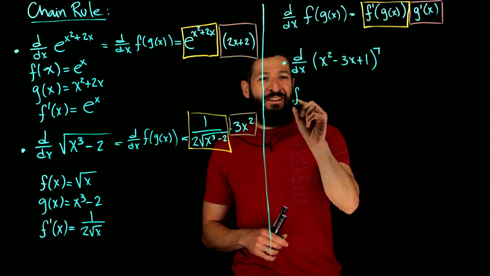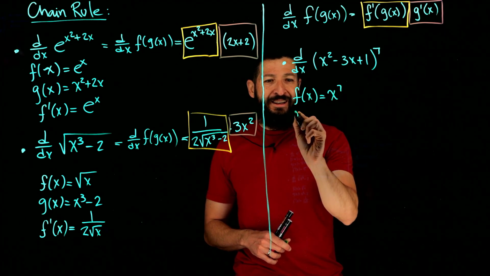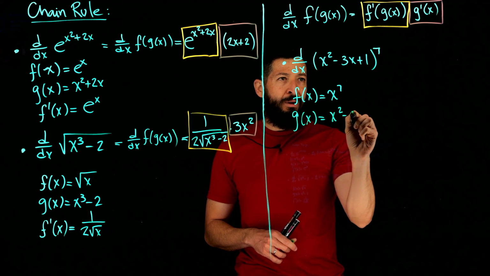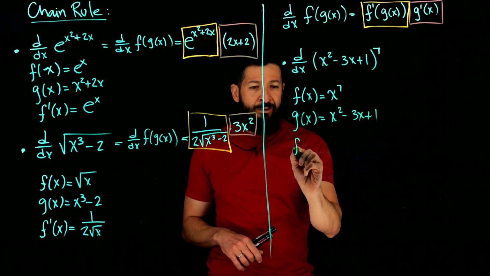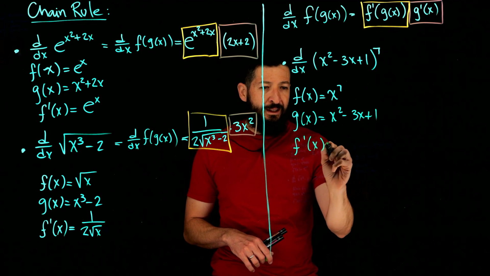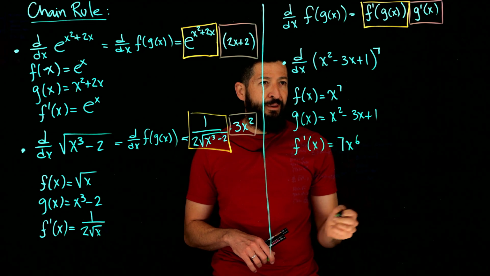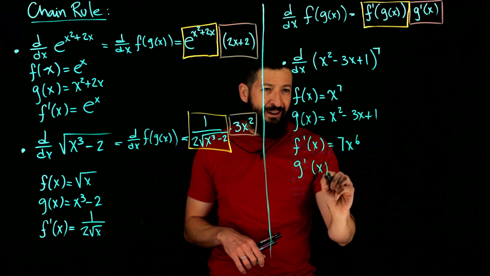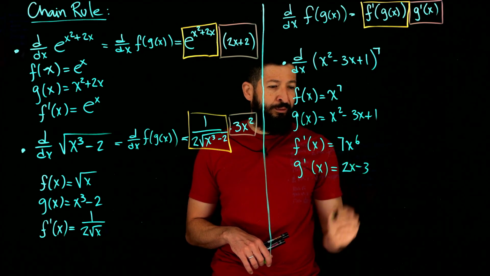So here my outside function is x to the 7th, and my inside function is going to be x squared minus 3x plus 1. So the derivative of the outside function is just drop the 7, subtract 1 from the exponent. And the tax, or the derivative of the inside, is going to be 2x minus 3.